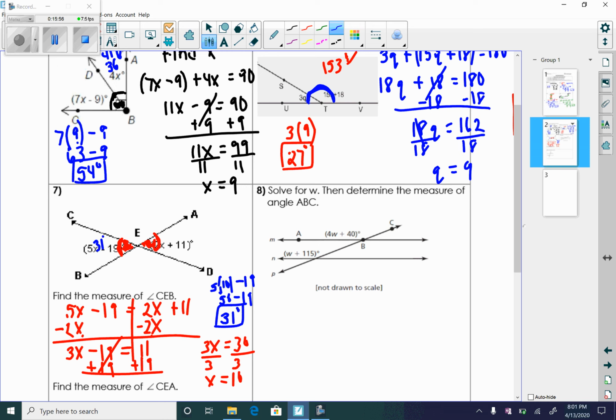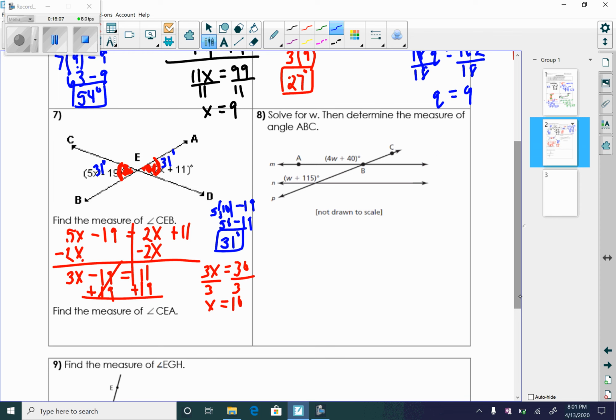Now, if this angle is 31, plug in 10 here, and you'll see that this angle is also 31. The last part of this, they're asking me for the measure of CEA. CEA is this angle here. Now, hopefully you remember that angles that are next to each other or adjacent to each other in this picture are supplementary.